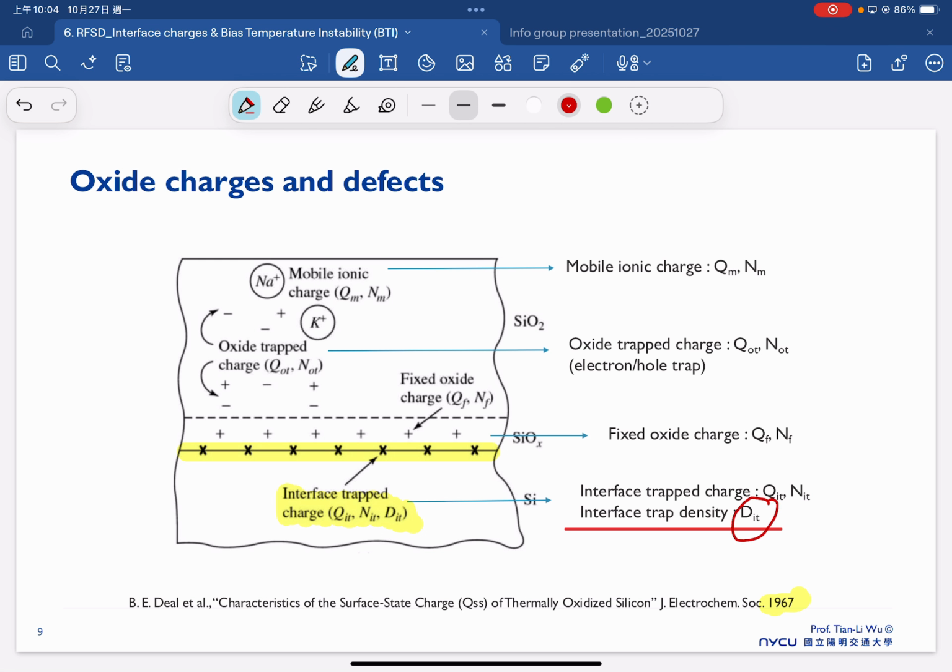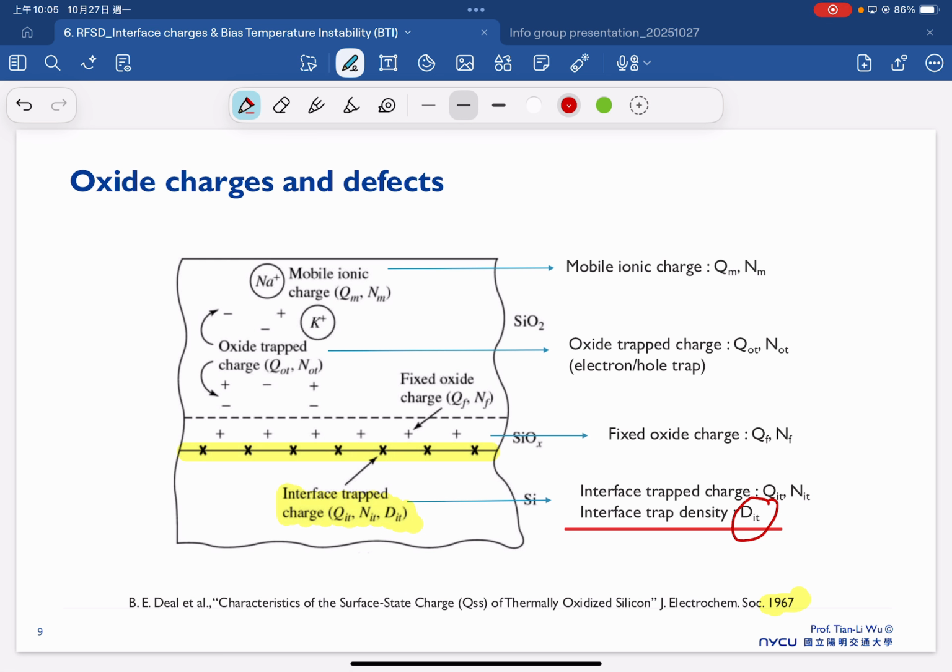The DIT is one of the important figures of merit to evaluate the quality of our dielectric interface.